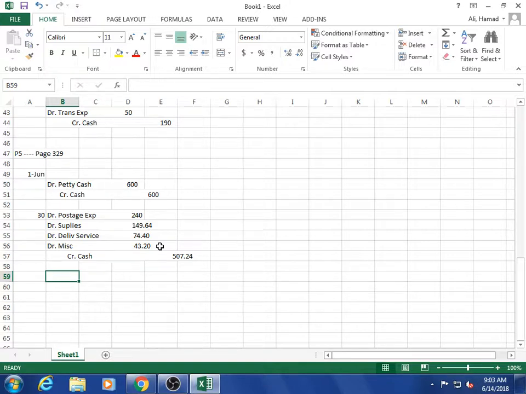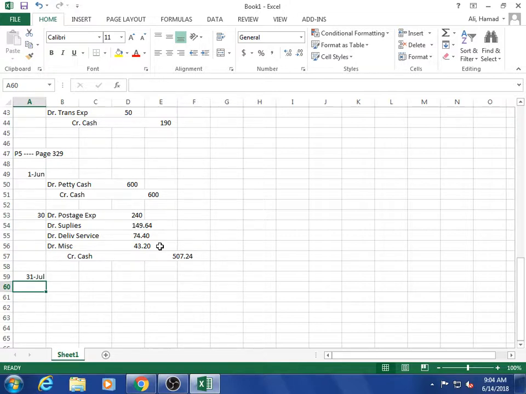Now that was B. Now on C, which is the end of July, July 31st. What happened on July 31st? The cash fund had $132.36 worth of cash left.